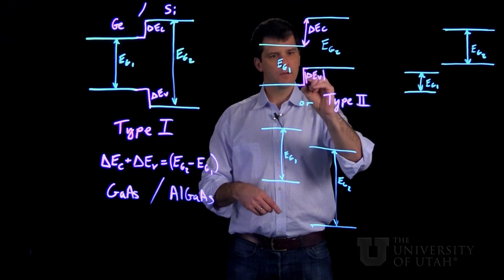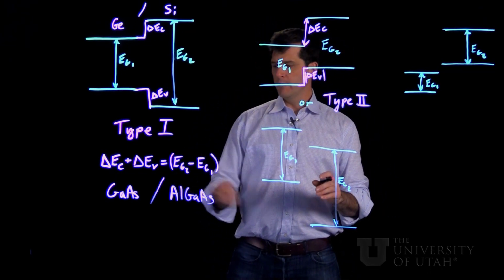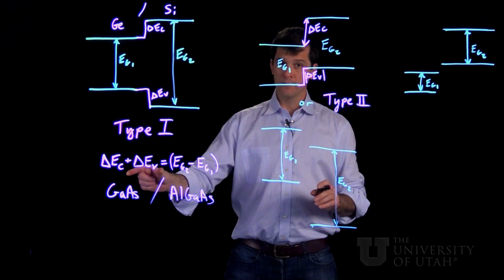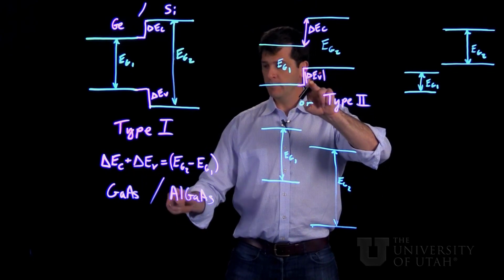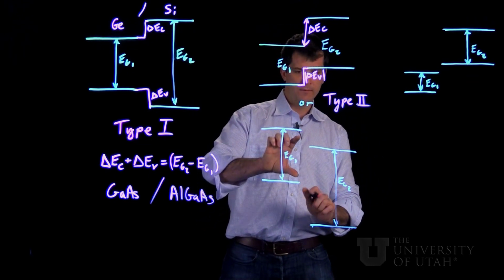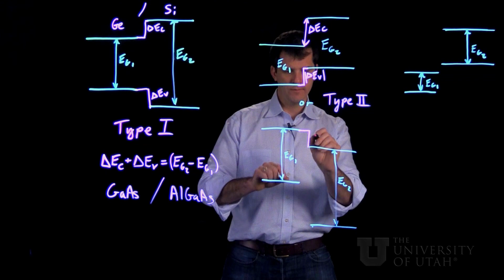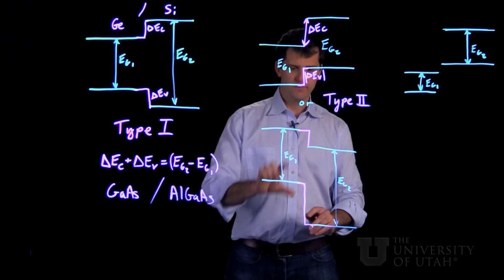And if we draw here the absolute value of this, it's okay. Now, we would still use this equation to define them, but remember that delta EV would be negative here. And in the reverse case, we would have delta EC being the one that's negative and delta EV being the one that's positive.